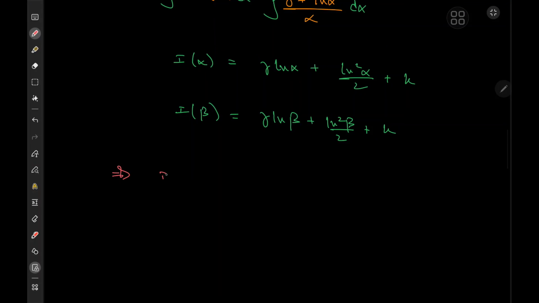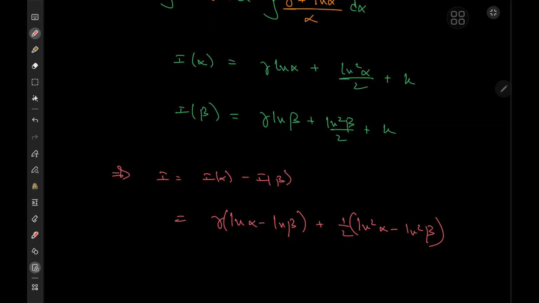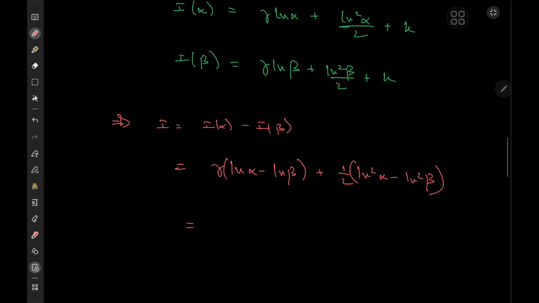So this implies that the target integral I is equal to just I of alpha minus I of beta. The k's cancel out, and you have gamma times log of alpha minus log of beta, plus we have a 1/2 factored out, log square alpha minus log square beta, and this could be simplified quite nicely. Notice that we have gamma times log of alpha over beta, nothing wrong over there, plus 1/2, we have a difference of squares.